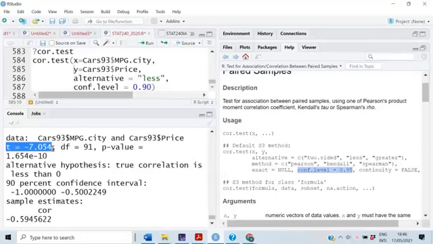Your p is 0.90. For this one, you even want to read the lower limit, so you can use 0.1, and then df is equal to 91. Is it? No, it's 93, so this should be 93.